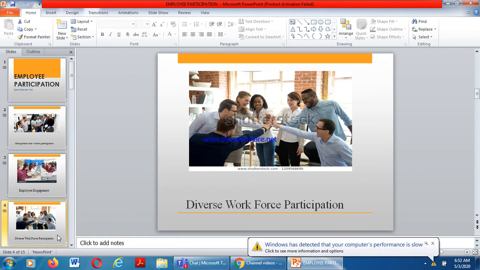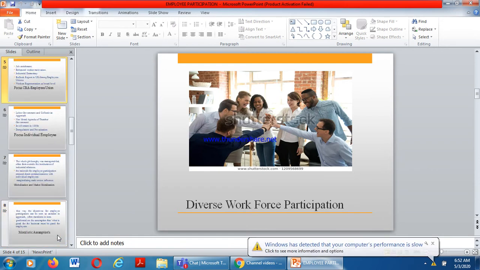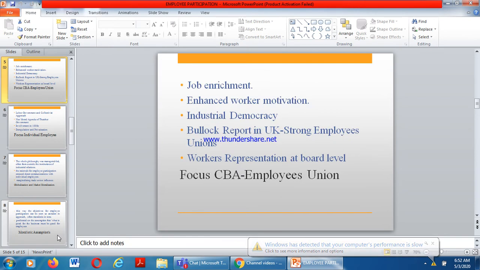So hope students, you have clearly visualized from the different pictures how important employee participation is in today's organizations, and how it can change the outlook and the performance of the organization.